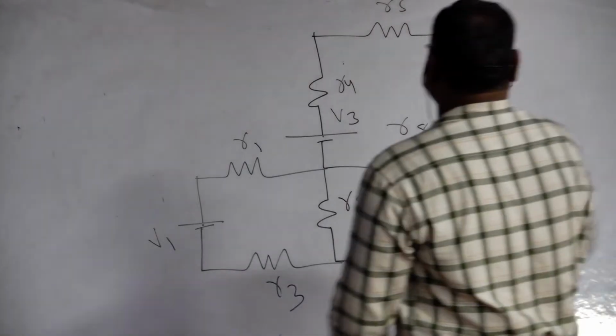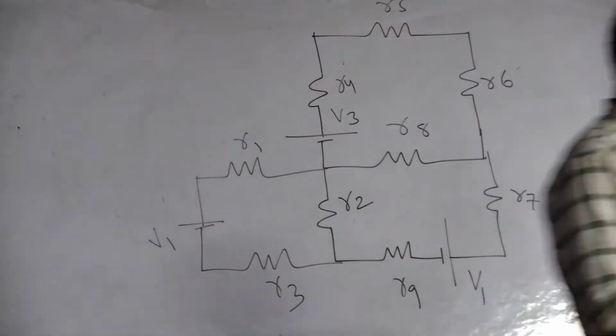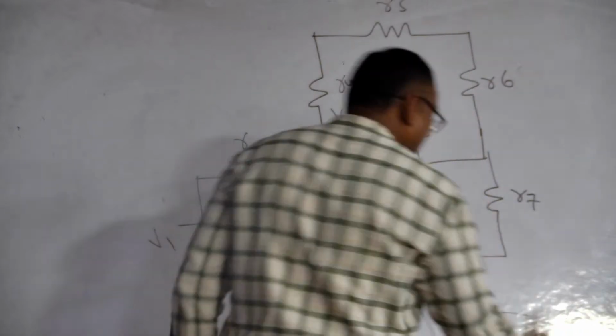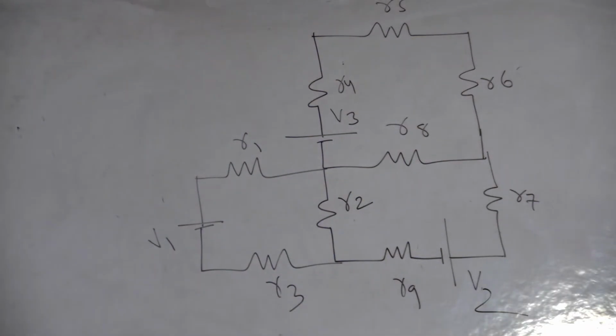This is R5. Right. First one, number of elements: in brackets V1, V2, V3, R1 to R9. V2 is repeated two times. Close the bracket.